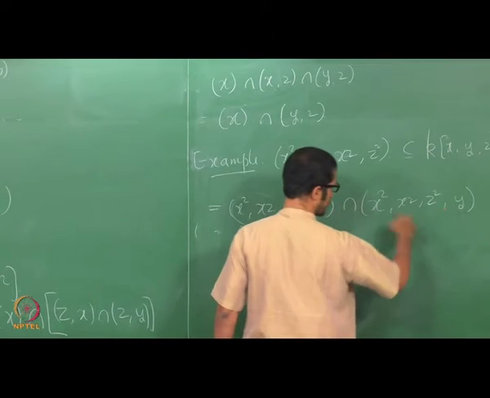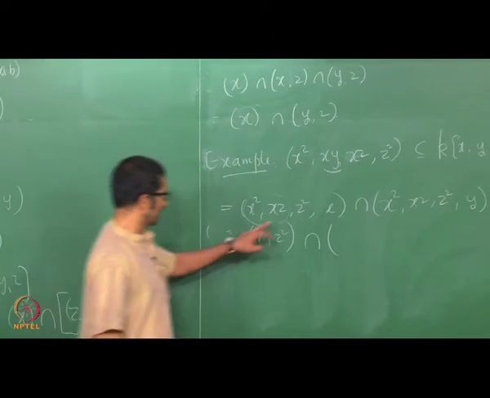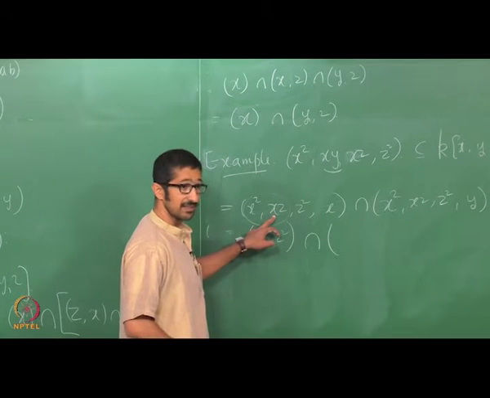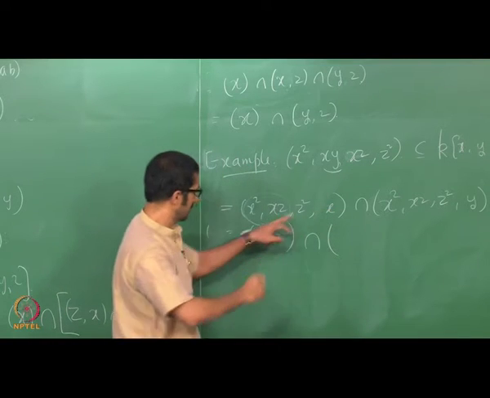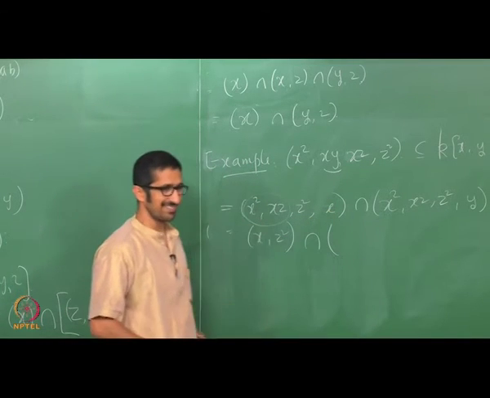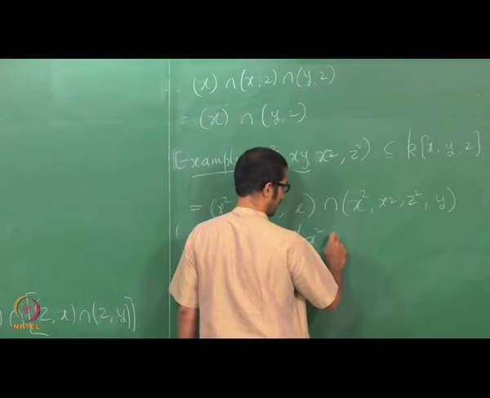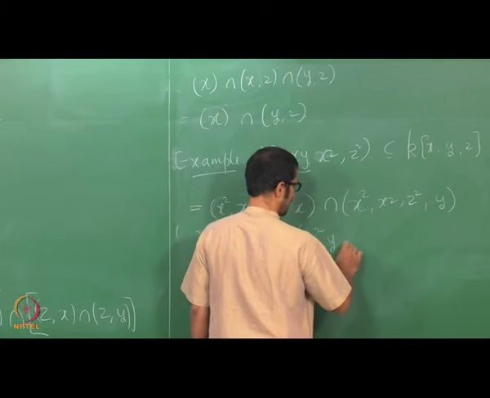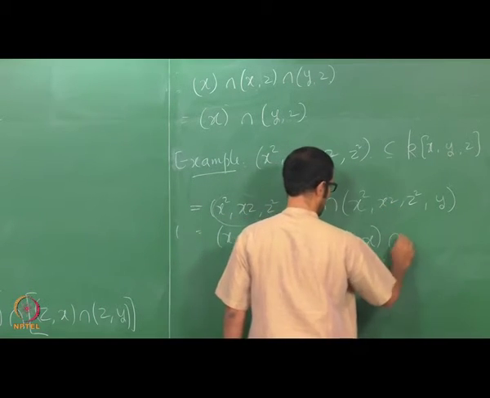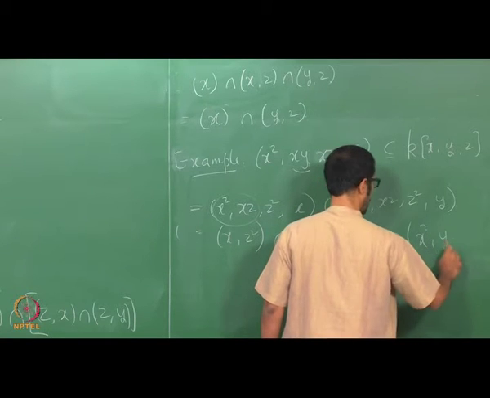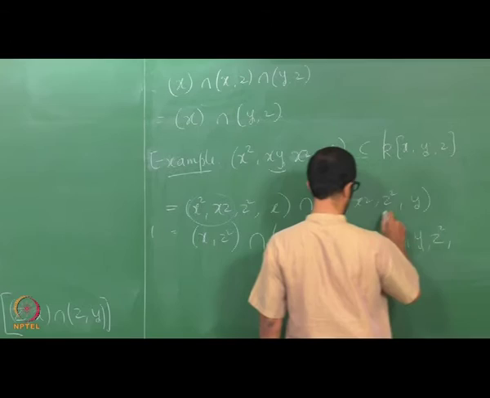Now we have to split this again. xz is contained because there is a generator x. Now x square, y, z square, we split this as x intersection (x square, y, z square) and z.